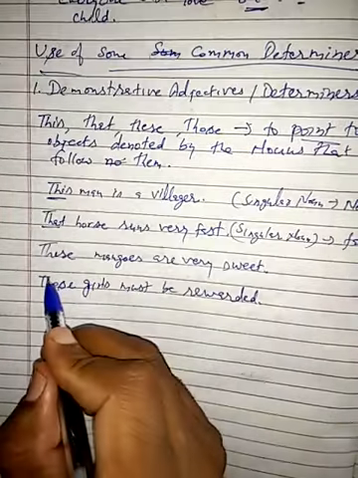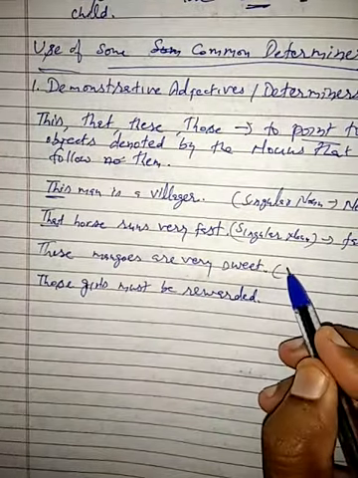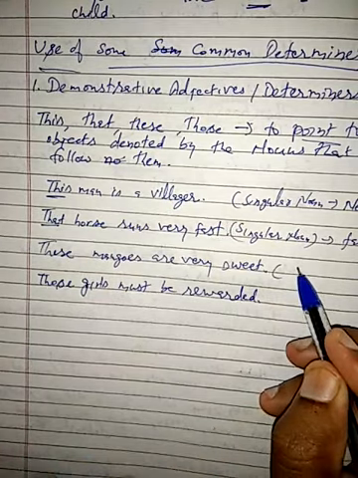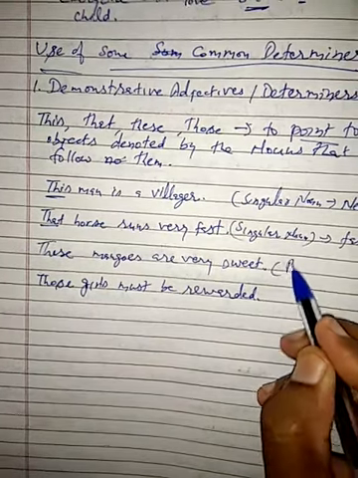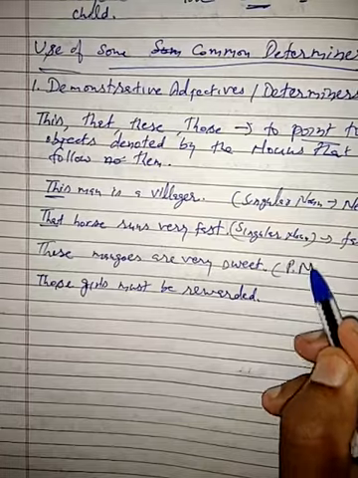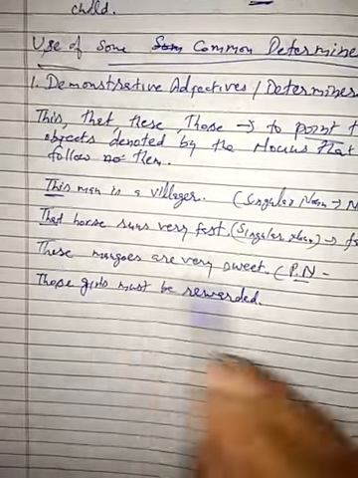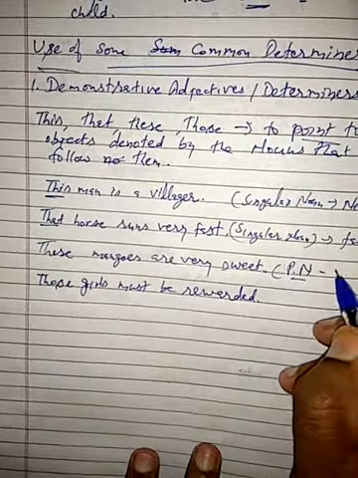So similarly, when you have been given a plural noun, with a plural noun use these, that is quite near.